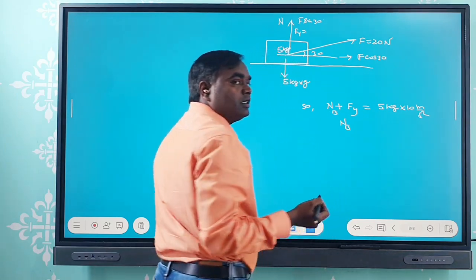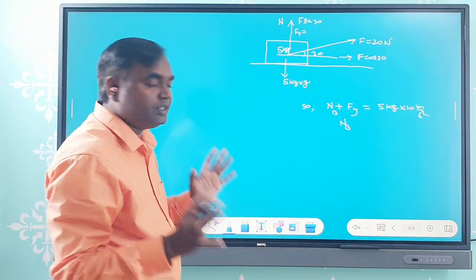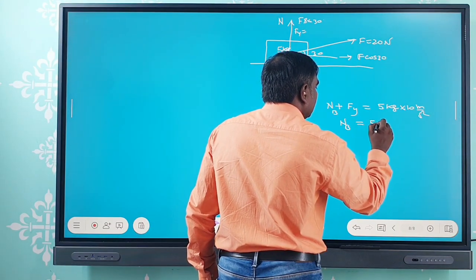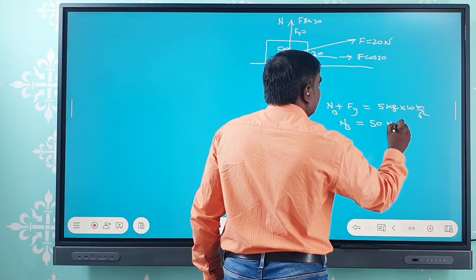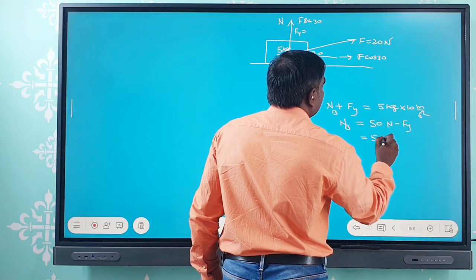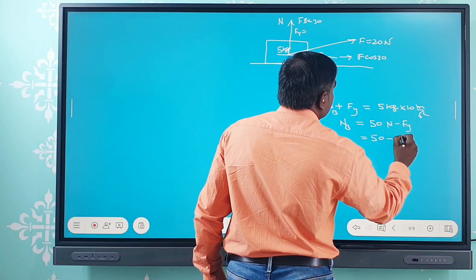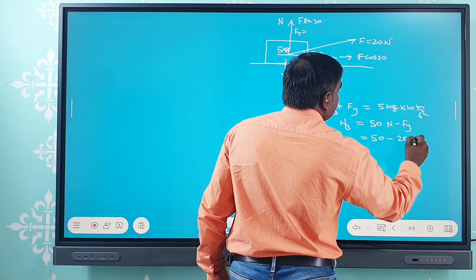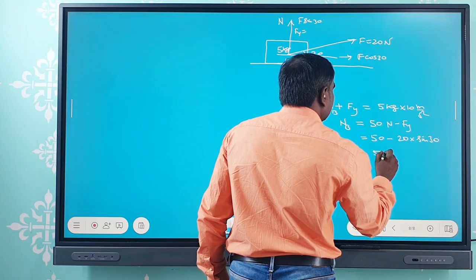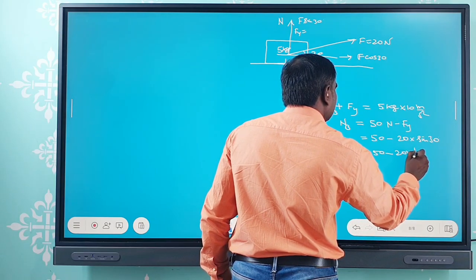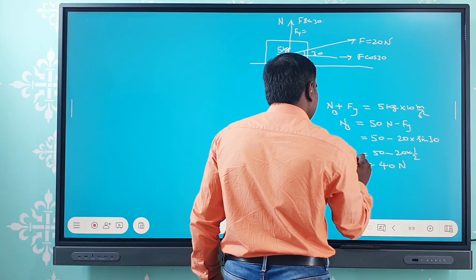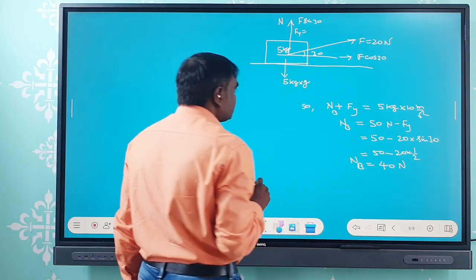Because we want to get the frictional force in case B. So NB is equal to 50 Newton minus Fy, and Fy is equal to F sin 30. 50 minus 20 into 1 upon 2, that is 10. This becomes 40 Newton, the normal reaction in case B.